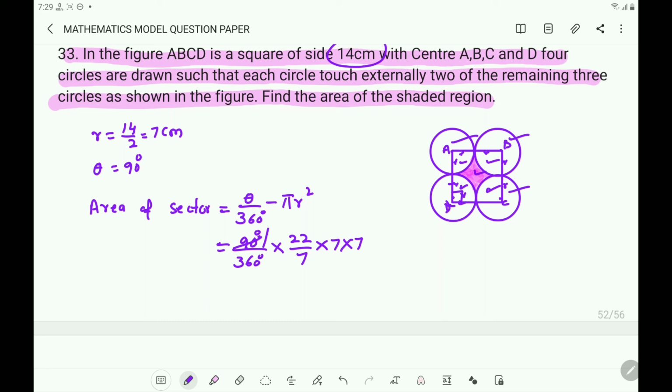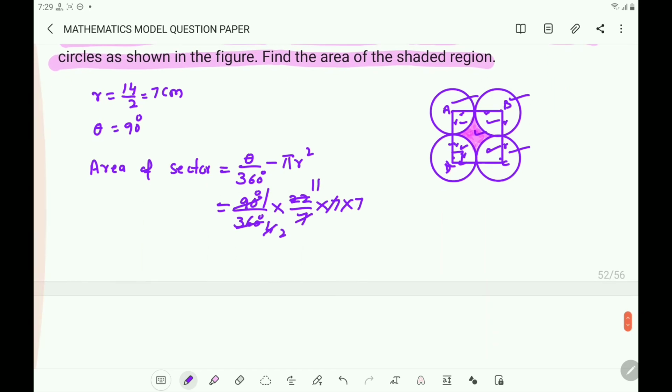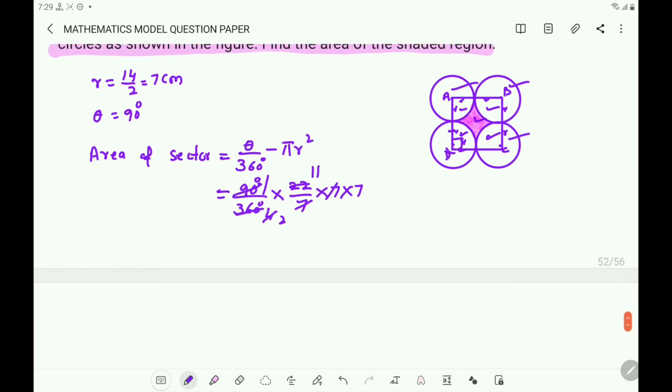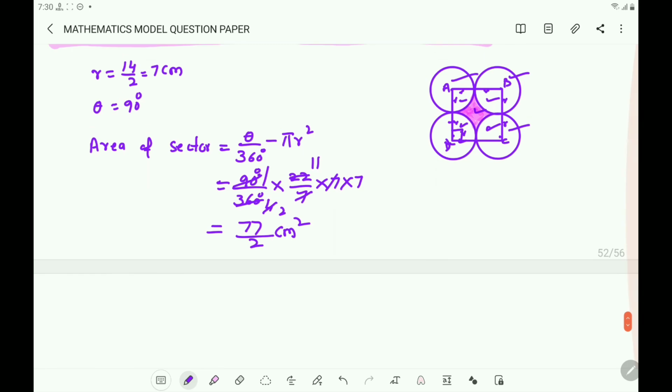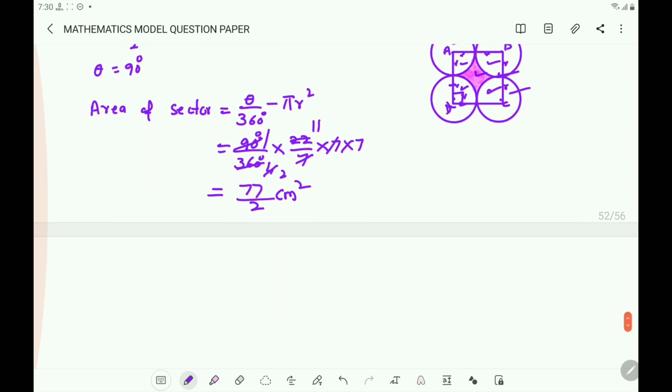And 90 ones are 90, 4 fours are 360, and 2 11s are 22. Again 7 7 cancels. What is remaining here? Area is equal to 11 into 7 is 77. 77 by 2 cm square.